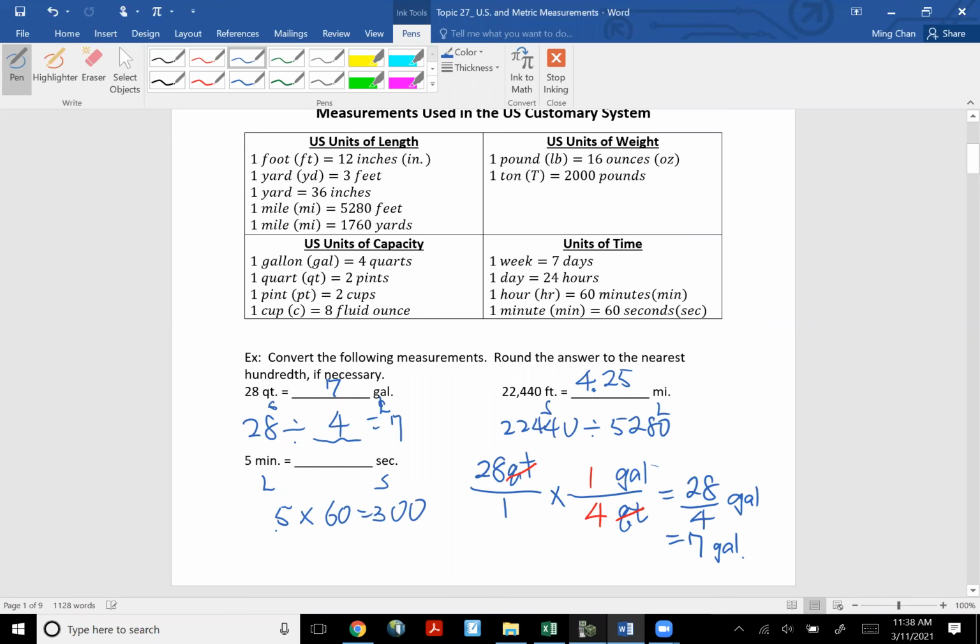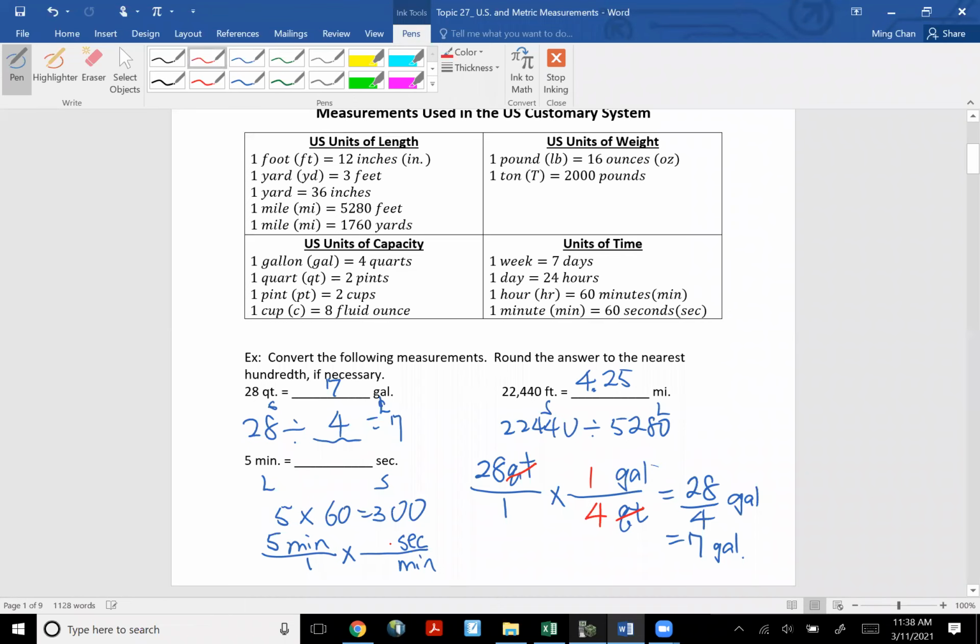Okay. So if you want to use dimensional analysis for minutes and seconds, you always start with what you start with. 5 minutes, put on the numerator over 1, times another fraction. Since you don't want minute anymore, you put the minute in the bottom. We do have a direct conversion between minute to second, so I can put second on top.